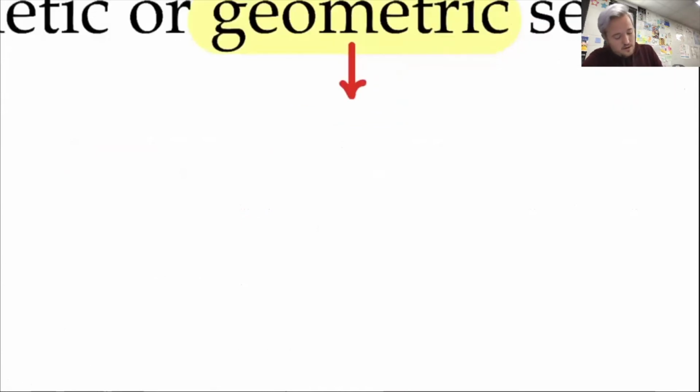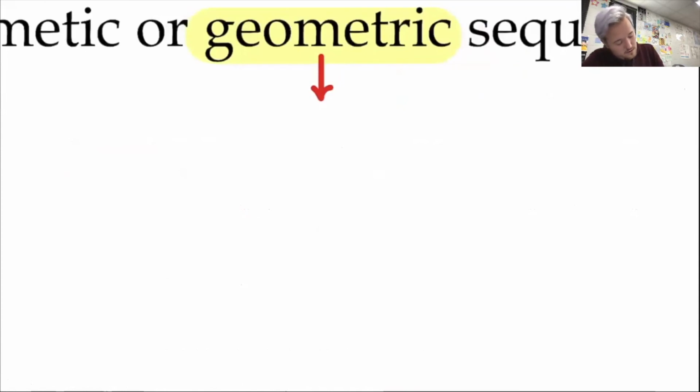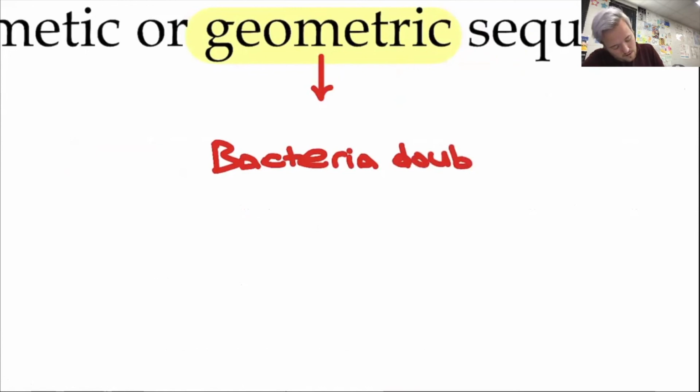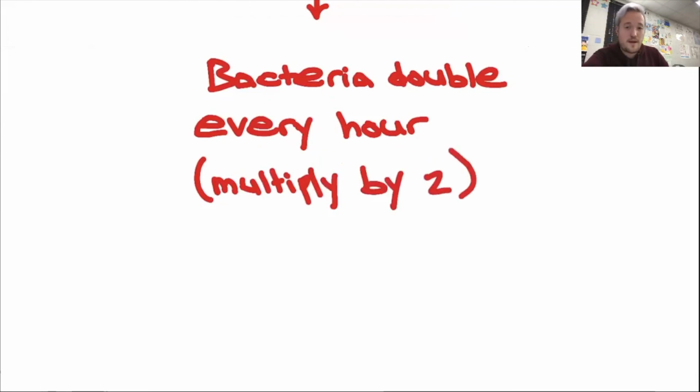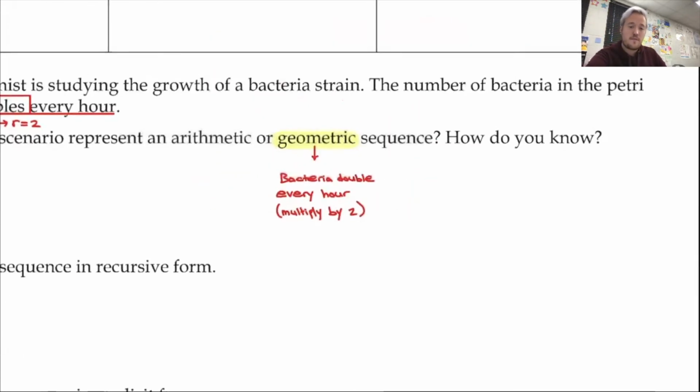You could literally just say that: the bacteria double every hour, which means multiply. That multiply aspect is really what makes it geometric.